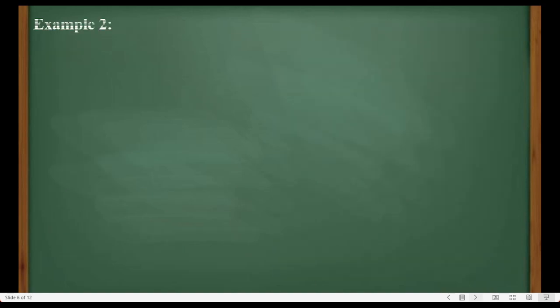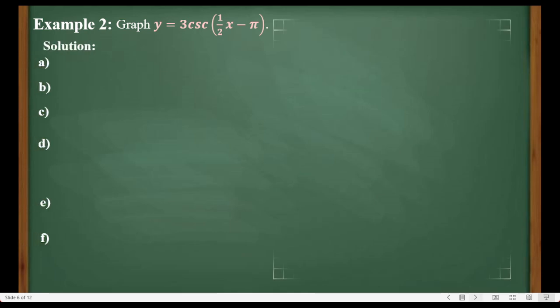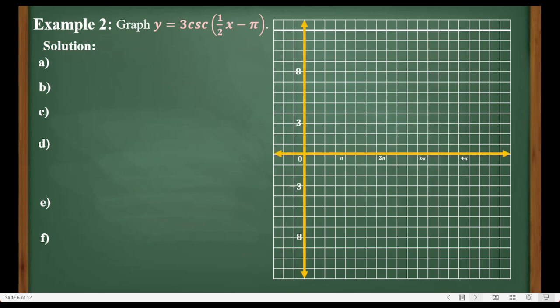Next, how about graphing y equals 3 cosecant of 1 half x minus pi? Prepare the Cartesian plane and label some coordinates along the x and y axes. Then we draw some asymptotes.